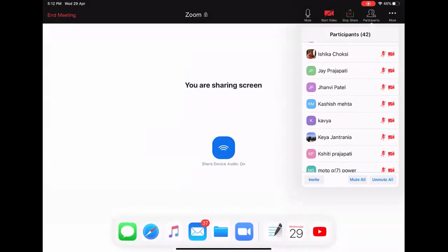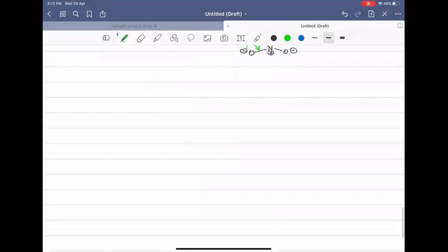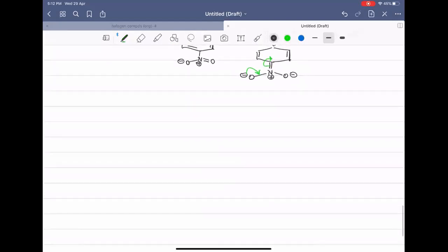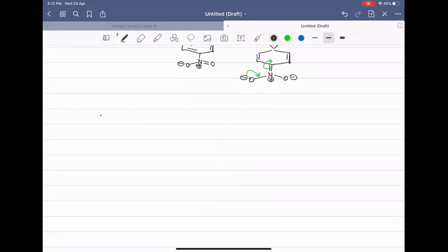Going back to, let us check out with the ortho position. See, you have to be very good in drawing these structures. So as and when you have time, you just start drawing these structures. I'm putting ortho nitro. You have your OH minus coming in, and you can see that this moves in.